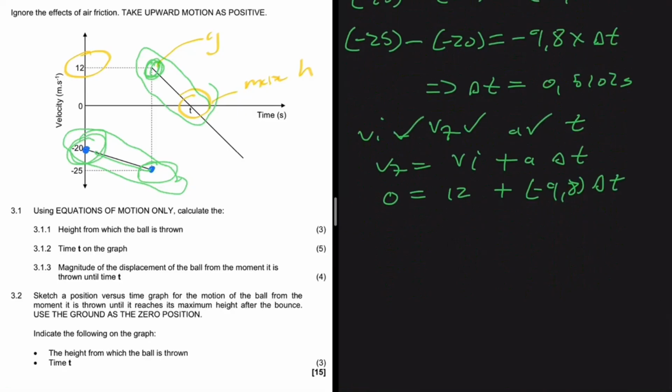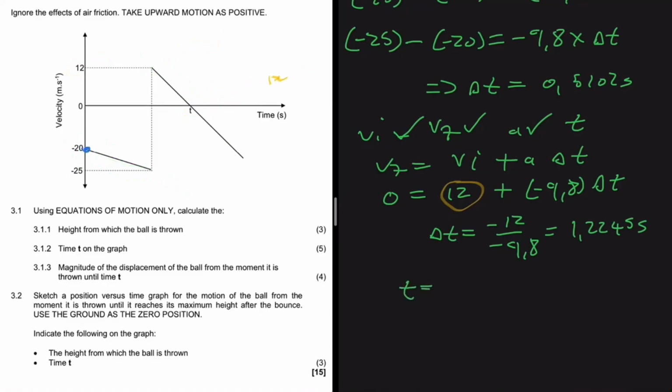So you can see what we're going to do here. We're going to take 12 to the left hand side and divide both sides by 9.8. So delta t is going to be equal to minus 12 divided by minus 9.8, right? And that will be equal to 1.2245 seconds, right? So now that time on our graph will be equal to the time from here to here, right?